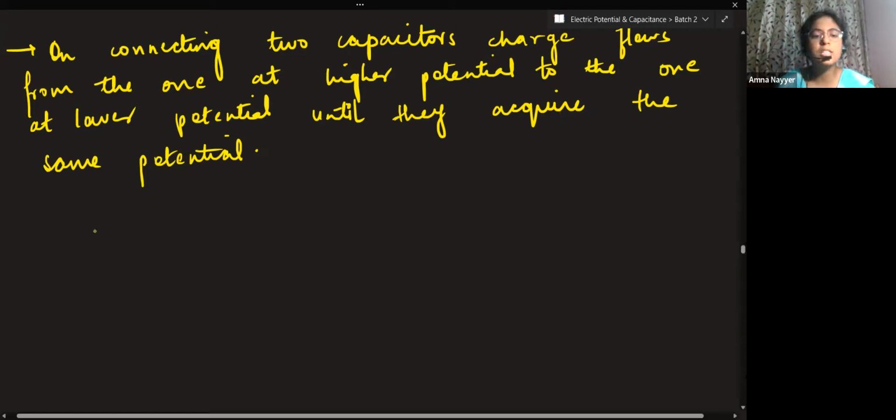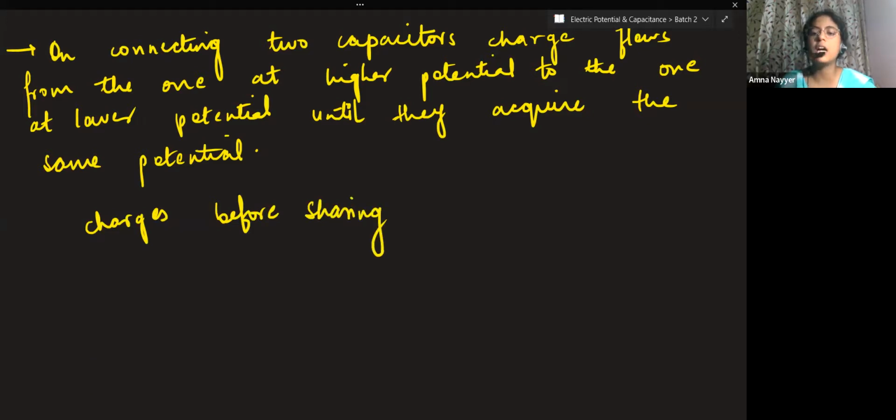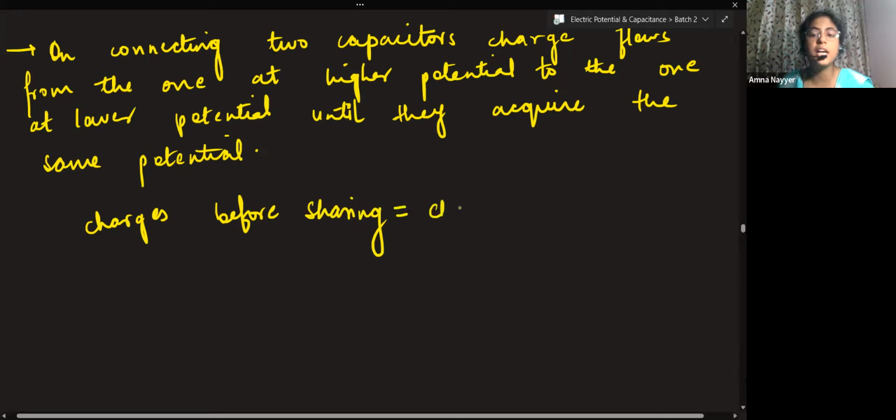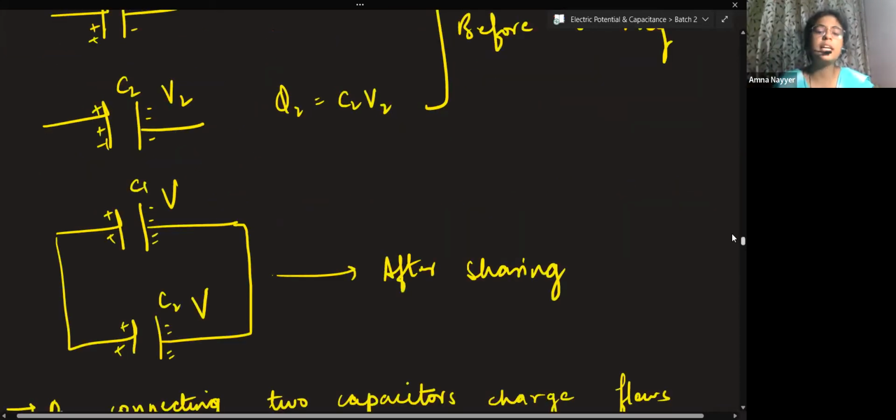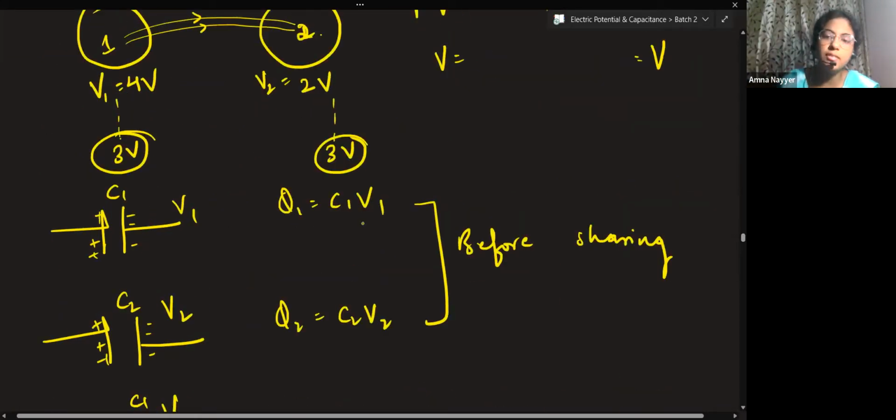So the charge before sharing is still equal to the charge after sharing, because the net charge in the system is the same. Before sharing, Q1 was C1V1, Q2 was C2V2.